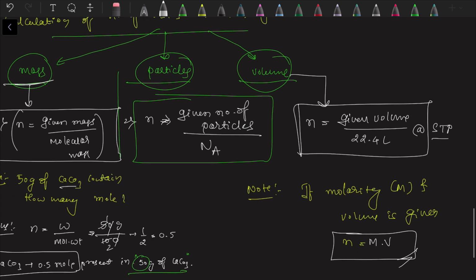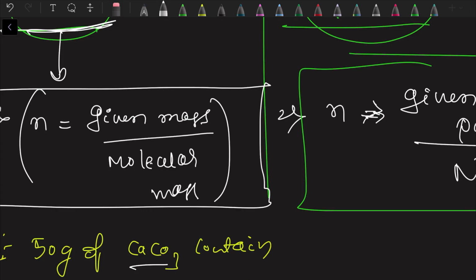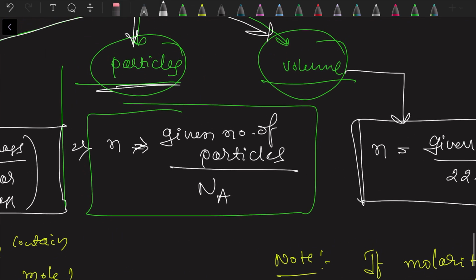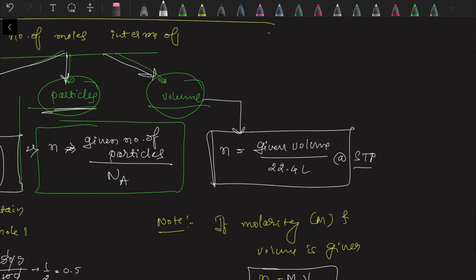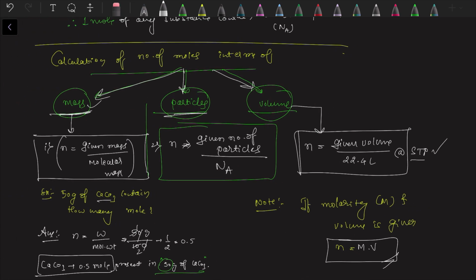These are the basic three formulas related to moles in terms of mass, particles and volume. If they're asking mass, the numerator is given mass divided by molecular weight. If they're asking particles, then given number of particles divided by Avogadro number. If they're asking volume, divide by 22.4 liter, whatever given volume they mention at standard temperature and pressure. This is the calculation of number of moles in terms of mass, particles and volume.